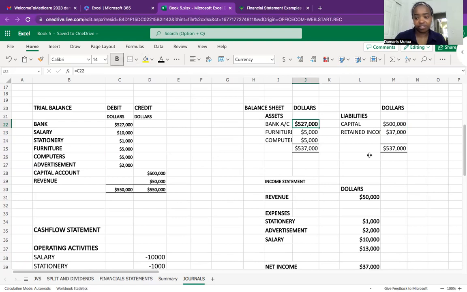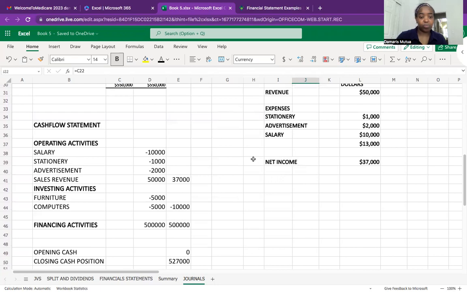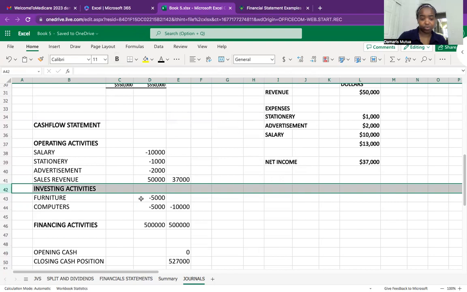That is $527,000. So our operating activities, we paid salaries, we bought stationery, we did advertising, and also we generated some sales revenue. So we have the total operating net of sales revenue, that is 7,000. We have our investing activities.